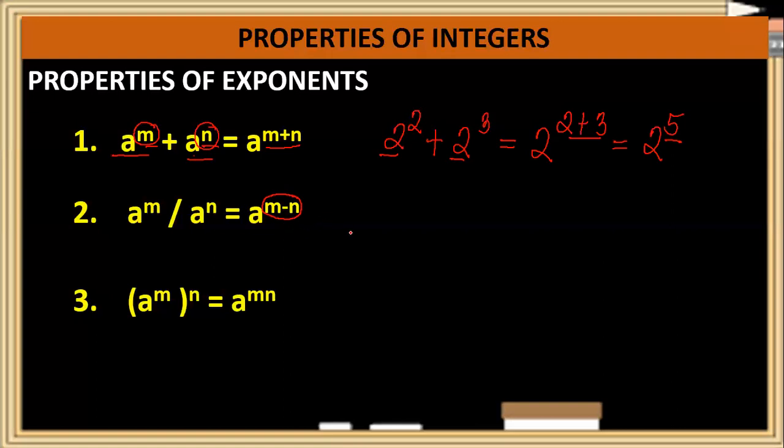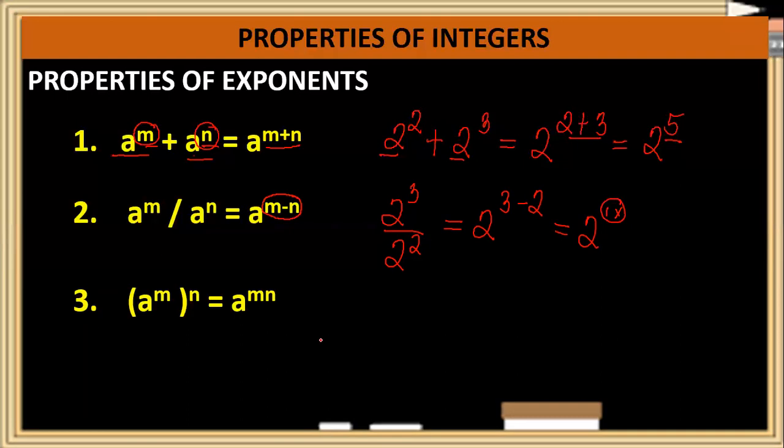For example, 2 raised to the power of 3 divided by 2 raised to the power of 2. The answer is 2 with 3 minus 2, which gives us 2 to the power of 1, even if we don't write the 1.